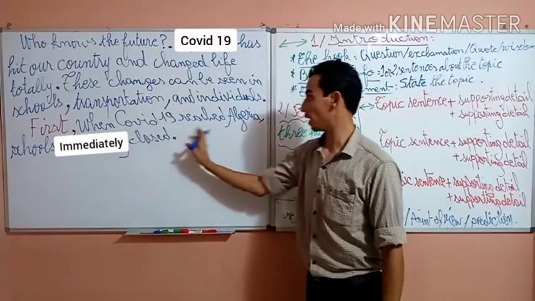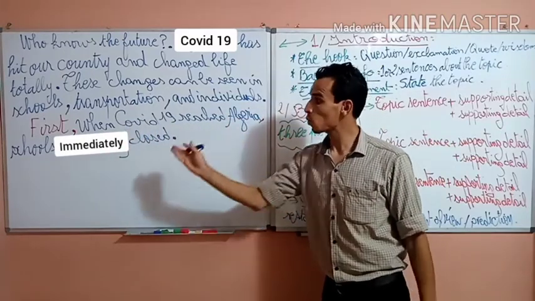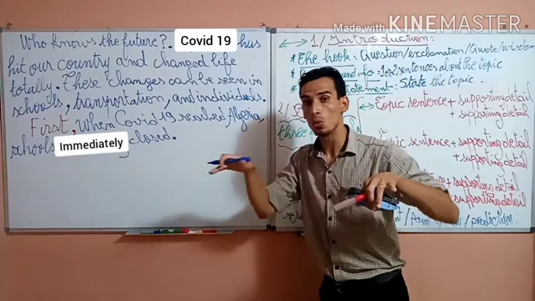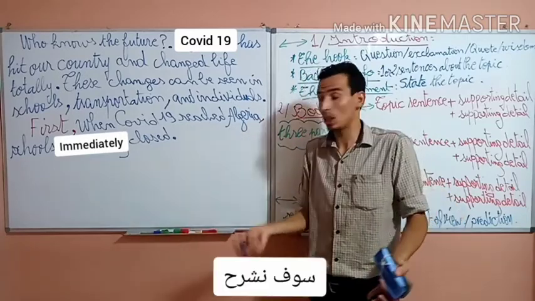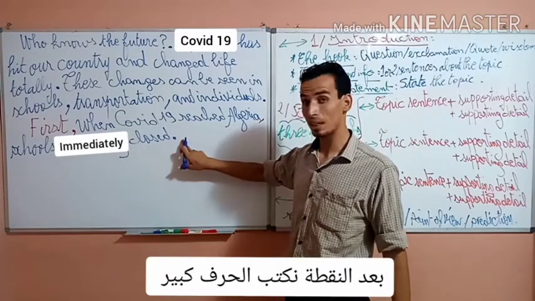So, when COVID-19 reached Algeria, schools immediately closed. We explain, okay? After full stop, we write capital letter.